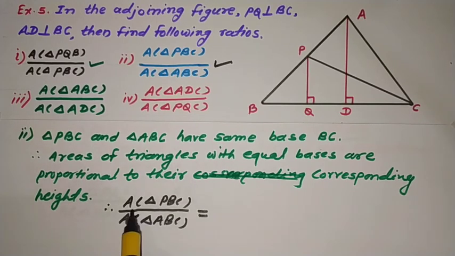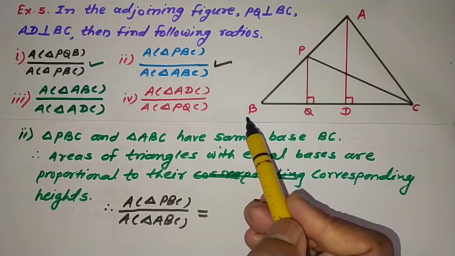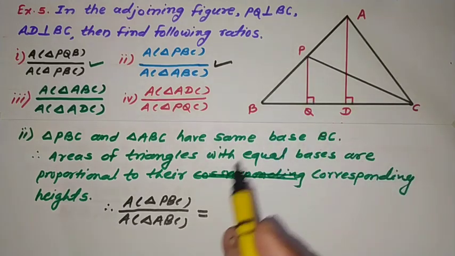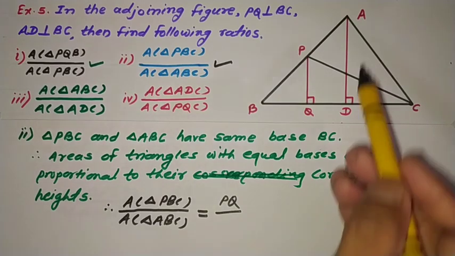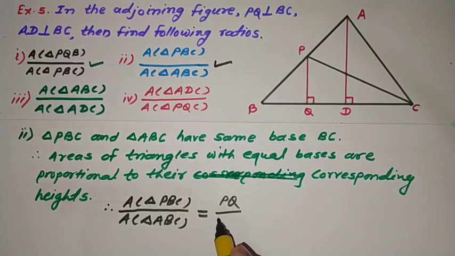Write down the height of triangle PBC, which is PQ, and the height of triangle ABC, which is AD.